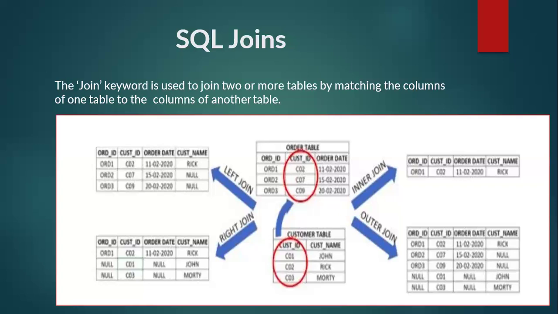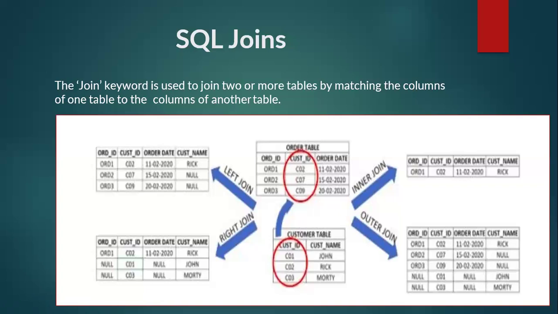We are joining these two tables based on this column cust ID, because this is the matching column in both the tables. To apply any type of join, we must ensure that there is a matching column in both the tables. So in these two tables, we are able to find cust ID in order table and cust ID in customer table. Both the columns are the same, which means we can apply the join.